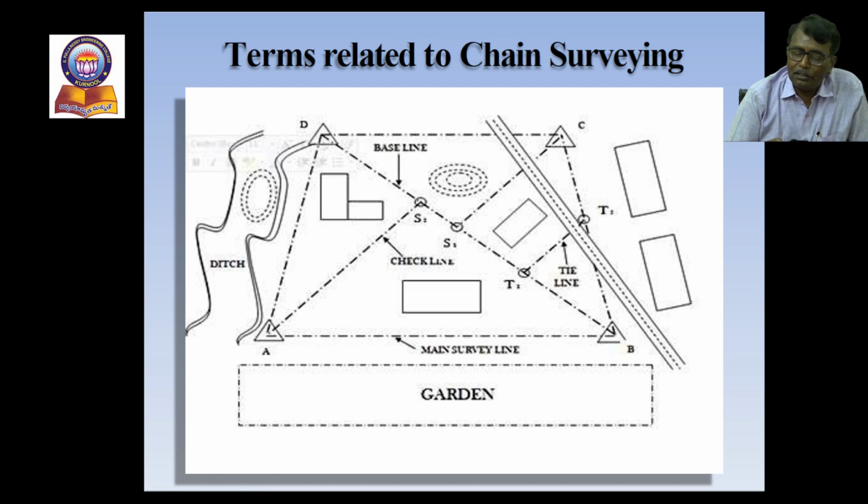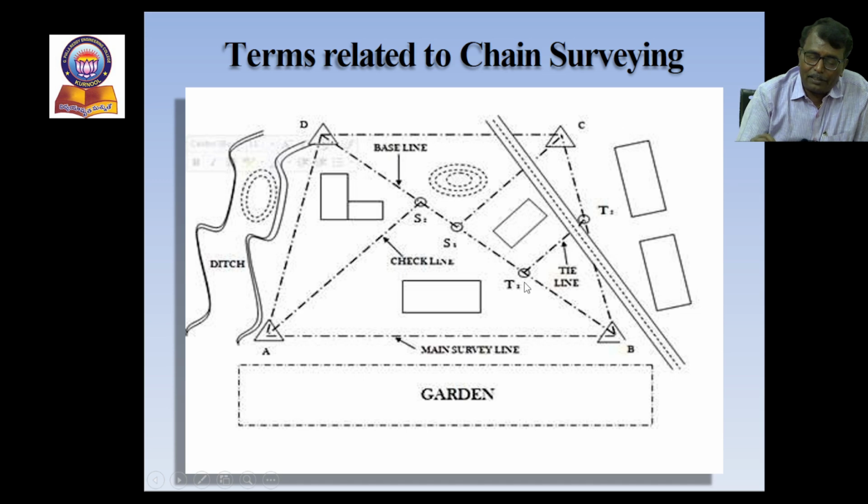The line connecting the main survey stations A and B is called the main survey line. Similarly, B and C will also be called a main survey line. The longest line among the main survey lines is called the baseline. Along the baseline, all the measurements are taken with reference to it.